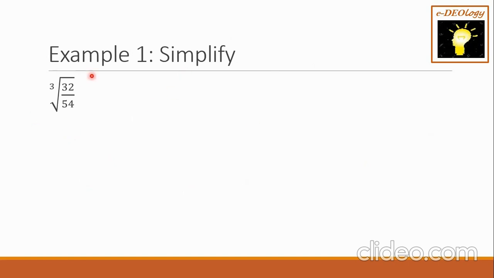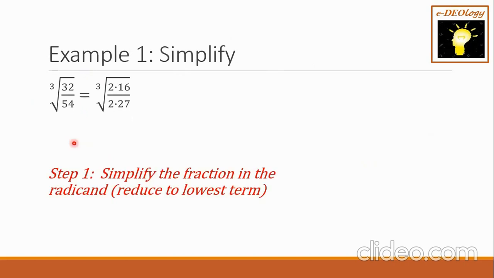Let us consider example 1. Simplify the cube root of the fraction 32 over 54. In step 1, we need to simplify the fraction in the radicand, or simply reduce the fraction to lowest terms.